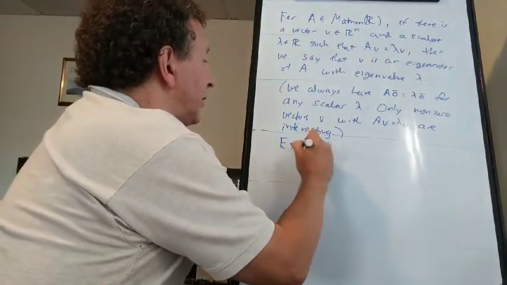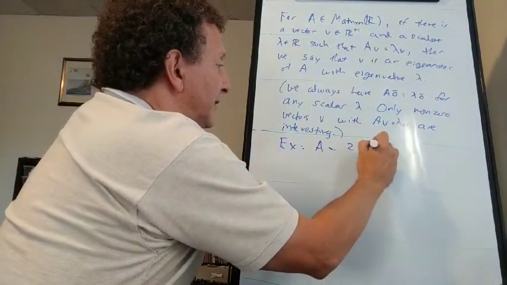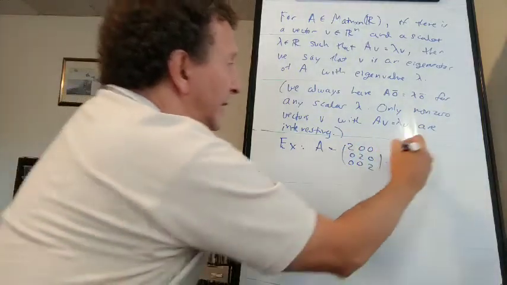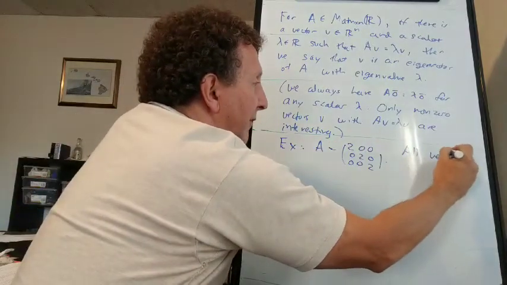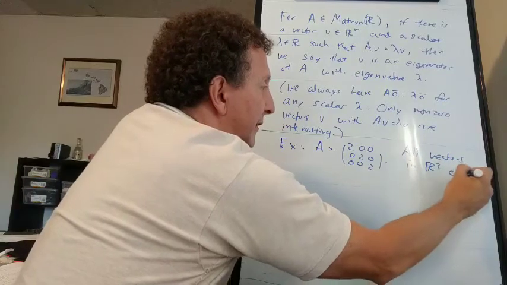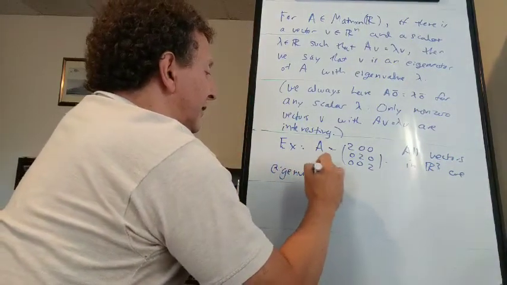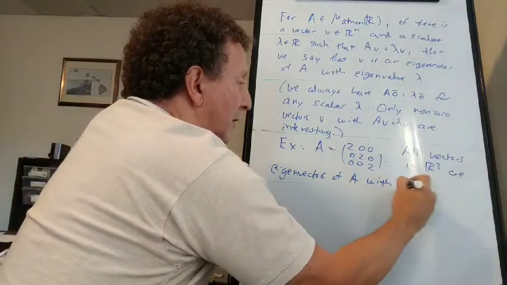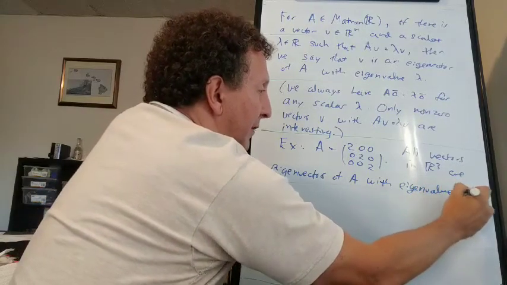So for example, let's look at the matrix A, which is 2 times the identity matrix. All vectors in R3 are eigenvectors of A with eigenvalue 2.